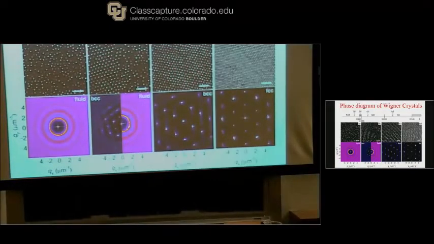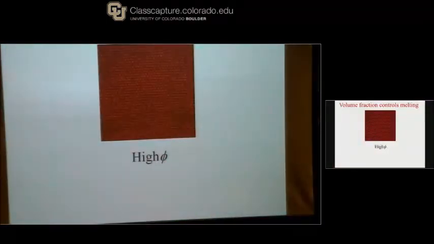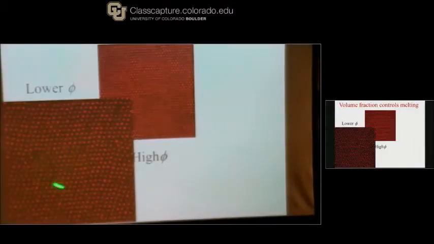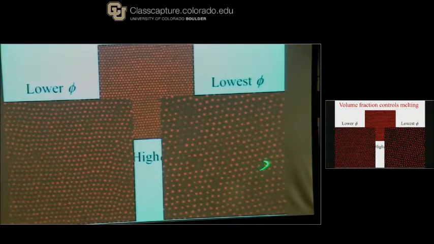Okay, so we can do these experiments now, and what we do is we don't change the temperature, we change the volume fraction. That changes the separation, which changes how strong the interaction is. So if I go back here and look at this, you see there's one type, there's another type. Oh, these movies aren't playing anymore. Sorry for the movies, it's a problem with the computer.